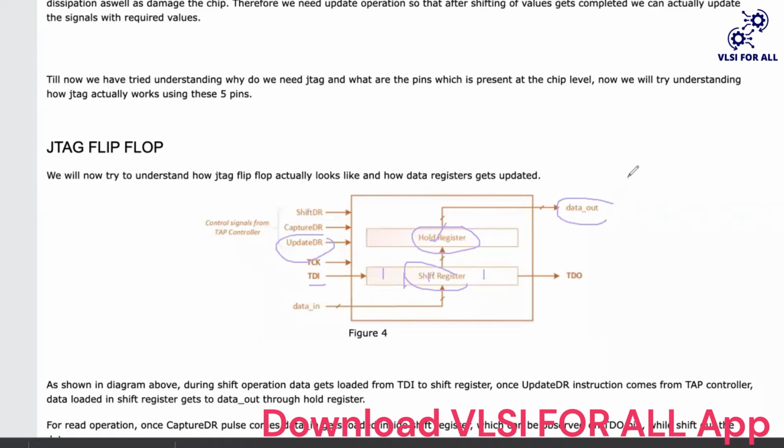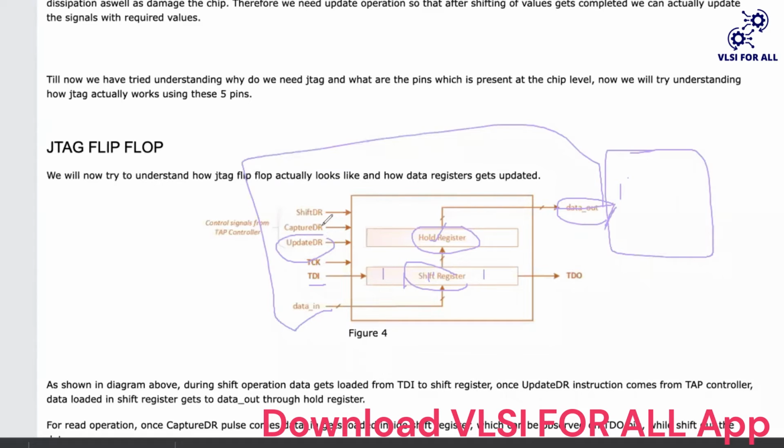The data out is over here, where the module is connected, through which it will connect to some input pin. Similarly, the data from here to here will get connected, and we will be able to observe it out as well.